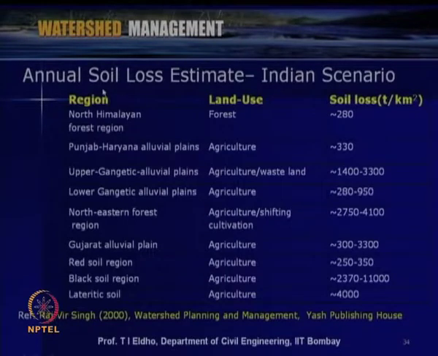The next table shows, for various regions depending upon the land use, the soil loss in ton per square kilometer, like in northern Himalaya, then forest region, then Punjab, Haryana alluvium. Here you can see the alluvial plain, the red soil region and the black soil region; depending upon the land use, especially in agriculture regions, the soil loss is much higher. This table is taken from Rajiv Singh, Watershed Planning and Management. So, this is the scenario as far as India is concerned.